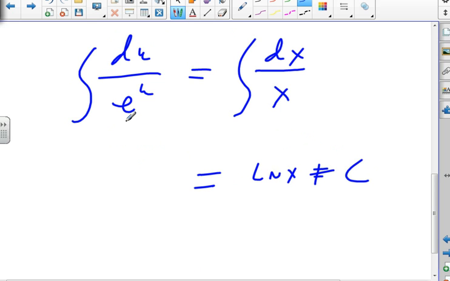Now, what is the integral of e to the minus u du? That should be minus e to the minus u, right? So that should be minus e to the minus u.